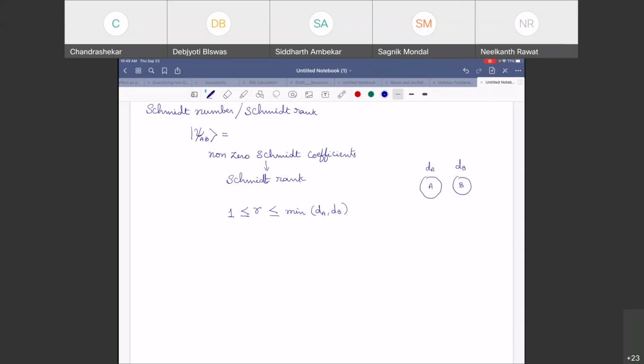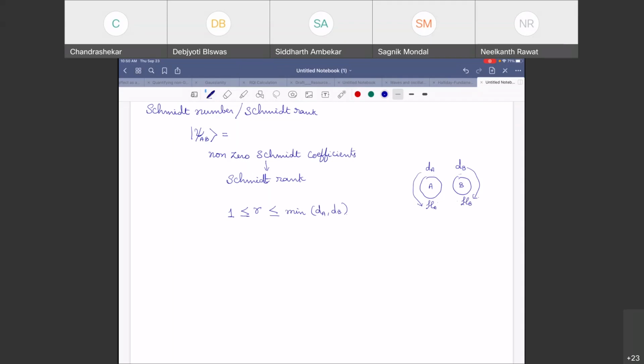Sometimes you might look at a qubit entangled with a qutrit. So if dA and dB are the dimensions of A and B, HA is the Hilbert space of system A with dimension dA, and HB has dimension dB. You find the minimum of dA and dB, and R runs from 1 to this.